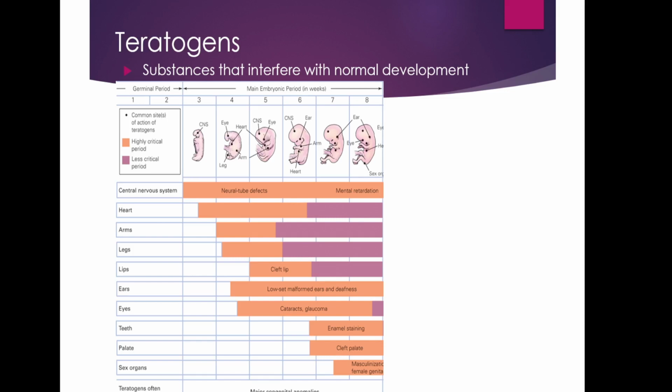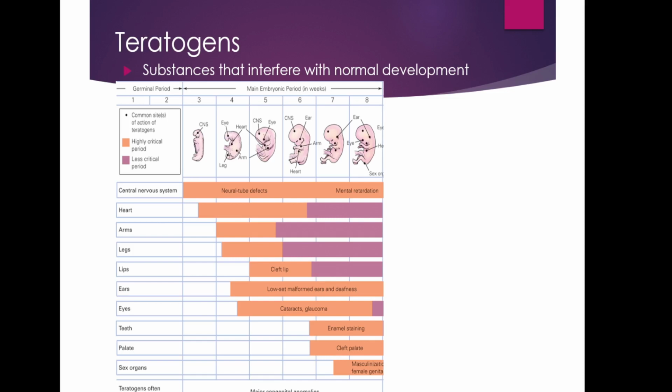Okay, the far left two columns, weeks 1 and 2, are kind of off by themselves with no coloring in their rows, because in those first 2 weeks, the blastocyst hasn't implanted yet. So we haven't really officially entered the embryonic period.